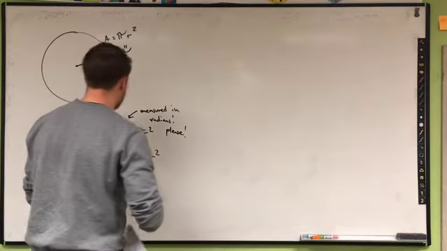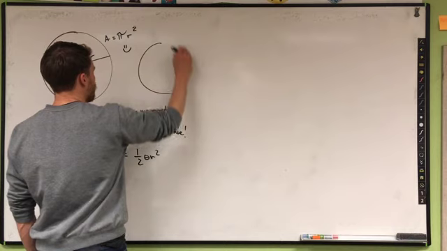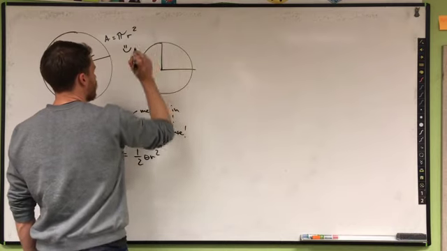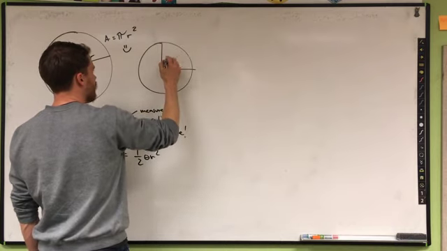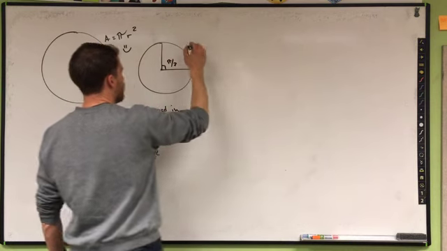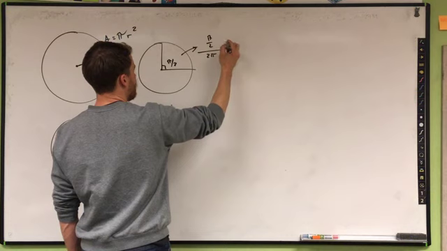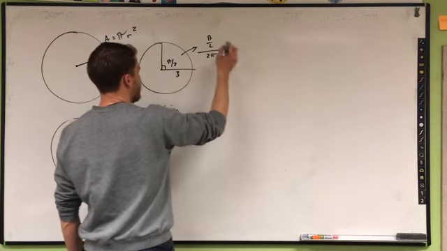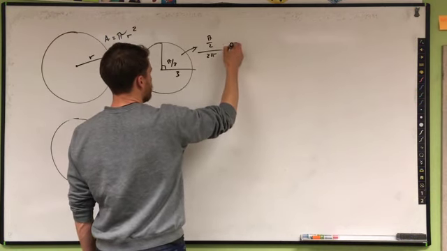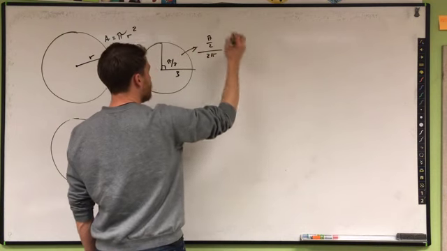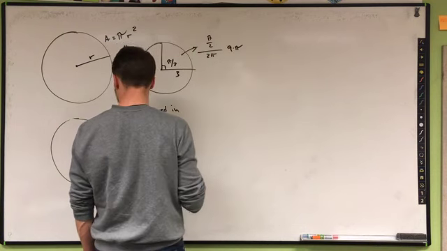Okay, don't believe me? You probably do, but what if you want 1/4 of the circle? Well, what's the angle there? It's pi halves. So then the area should be pi halves divided by 2 pi times, let's say the radius is 3, times 9, which is r squared, times pi.